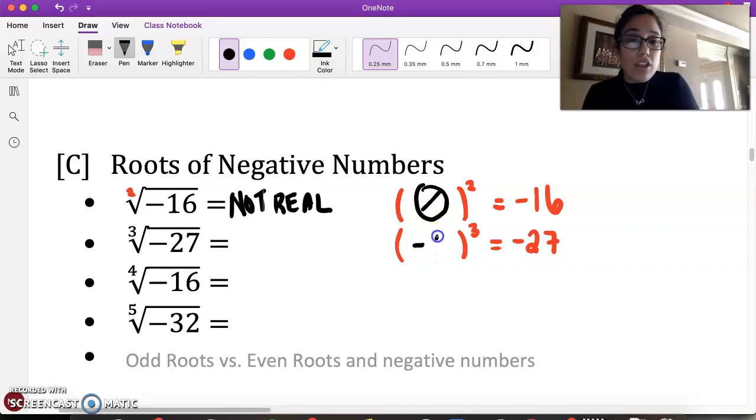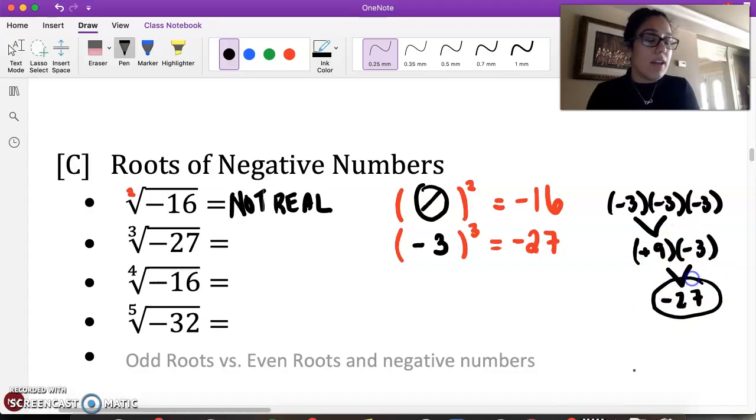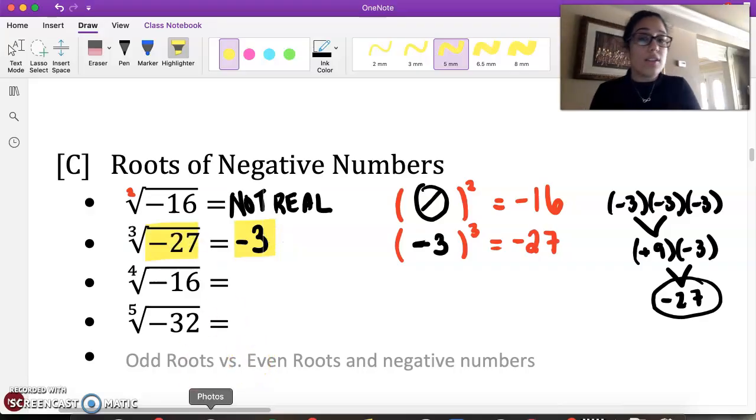If I cube negative 3 times negative 3 times negative 3, this becomes positive 9 times negative 3, which is negative 27. It is not like squares where every answer is going to be positive. Here, it is negative 3. So the cube root of negative 27 is negative 3. It holds the sign.